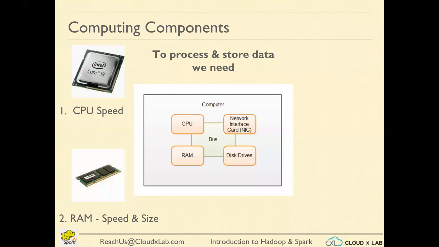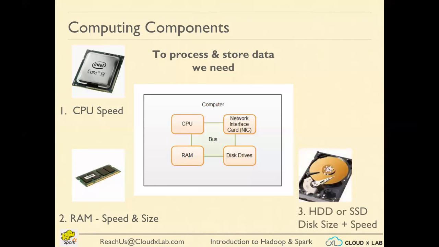The more instructions the CPU can execute, the better it is. In the case of RAM, both how many instructions we can store, meaning how big the RAM is, as well as how fast we can read from the RAM, matter. So in the case of RAM, the two main concerns are size and speed.